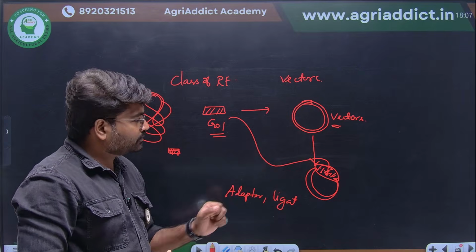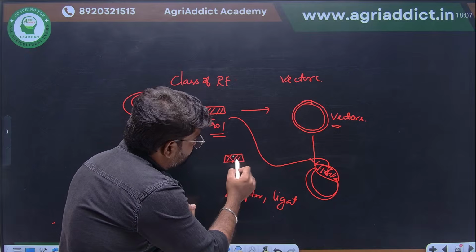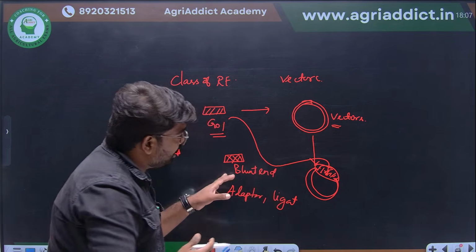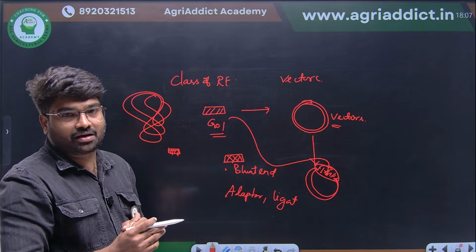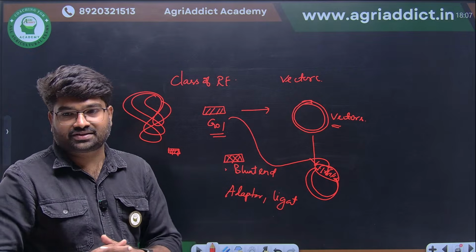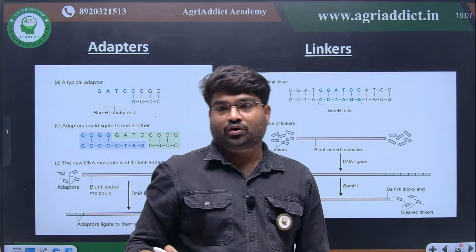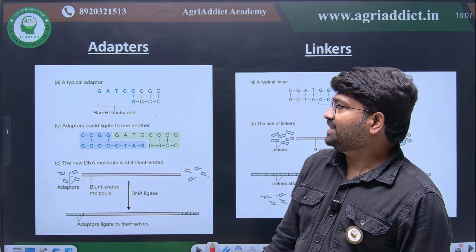But if it is producing blunt ends, how do we convert these blunt ends into sticky ends? There comes the concept of adapters and linkers. Simple concept. Adapter means it will have a preformed cohesive site.